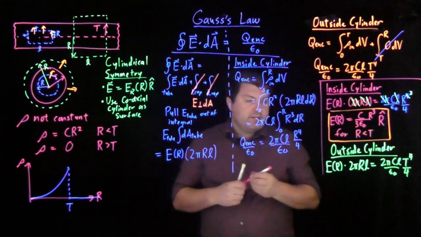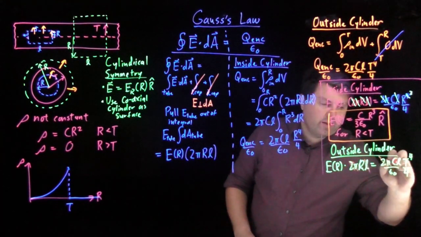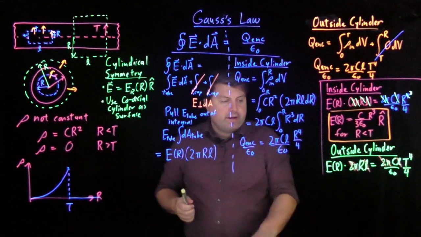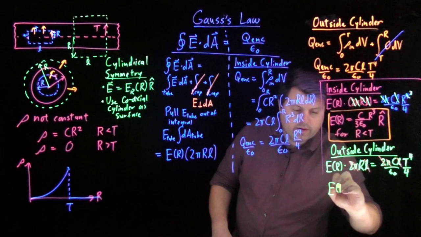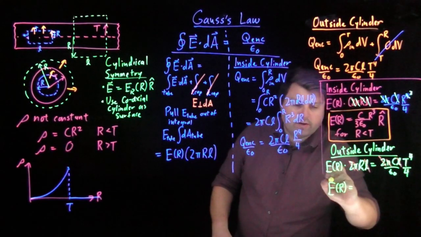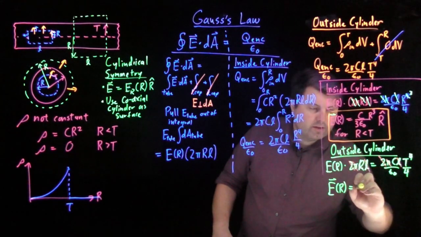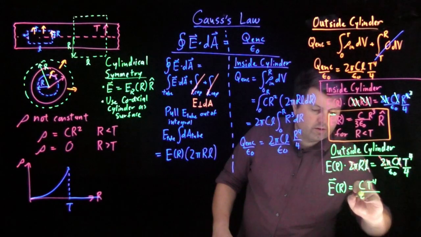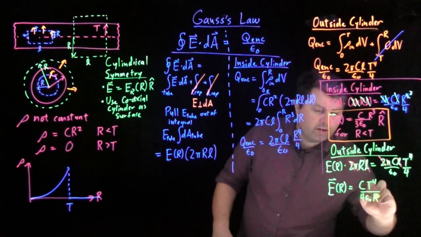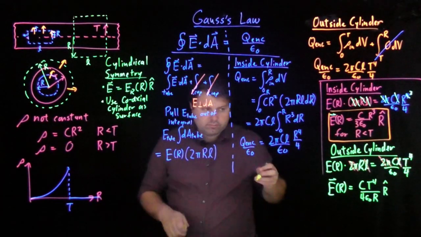We get some canceling, not as much as we had. The 2, the pi, the L still cancels. But now this R doesn't cancel with t, and so we have that our electric field as a function of R is C t to the fourth over 4 epsilon naught R hat.